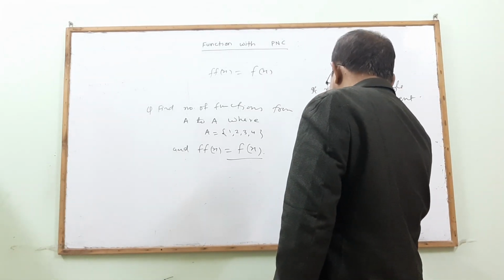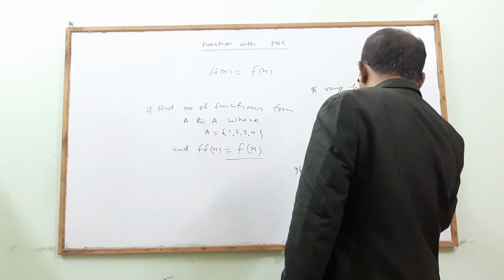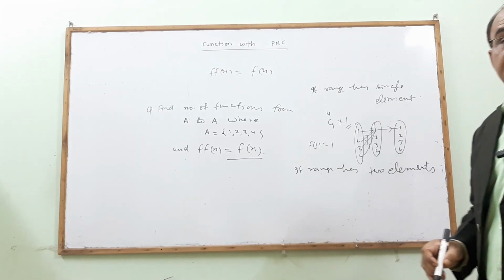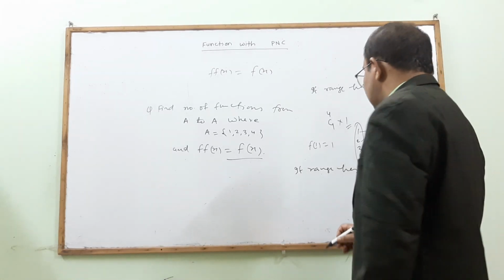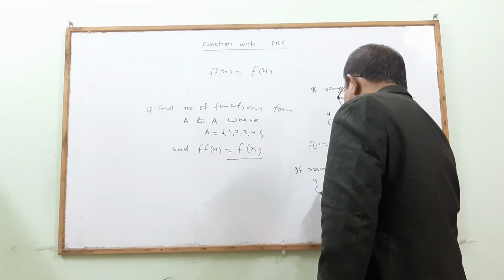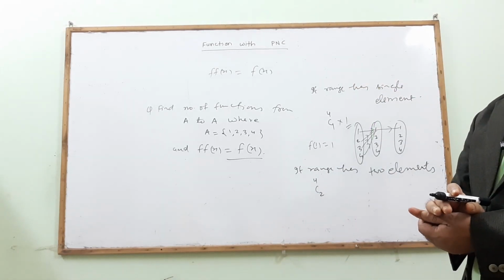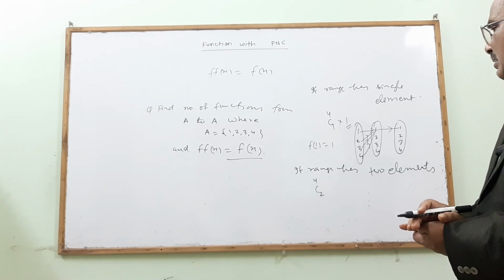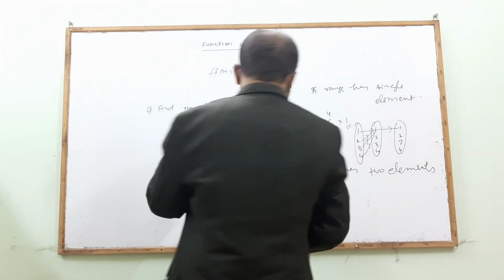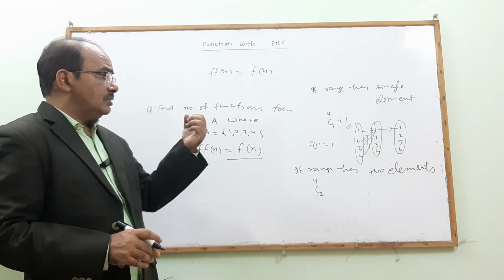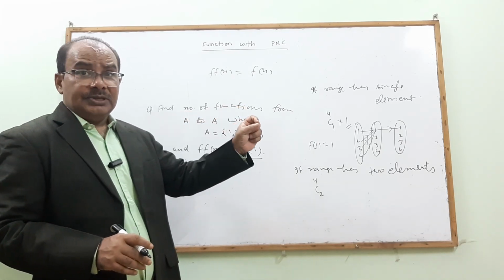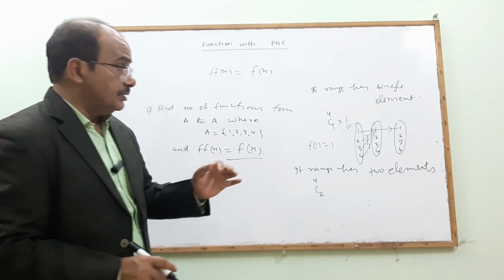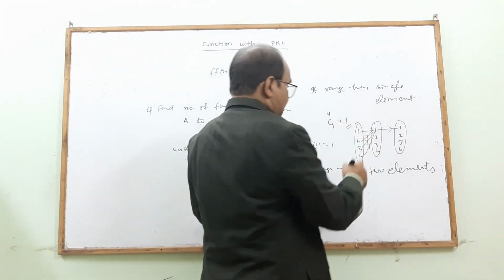If the range has two elements, then firstly select those two elements, and surely the two elements will map directly to themselves.